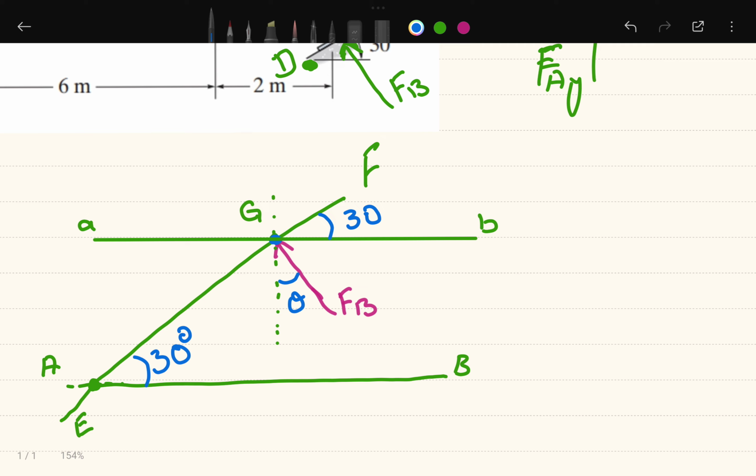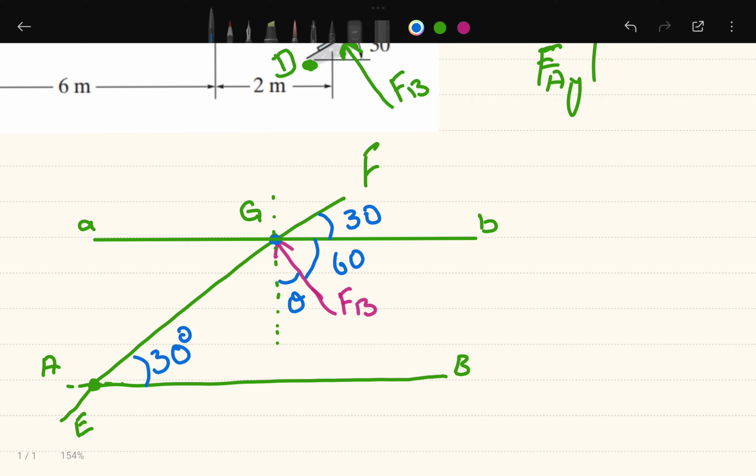Also, we saw that FB is applied perpendicular to line EF. Since it is perpendicular to the line EF, this total angle is 90 degrees, and that is why to calculate this specific angle, you have to subtract the 30 from 90. So this will be 60 degrees.